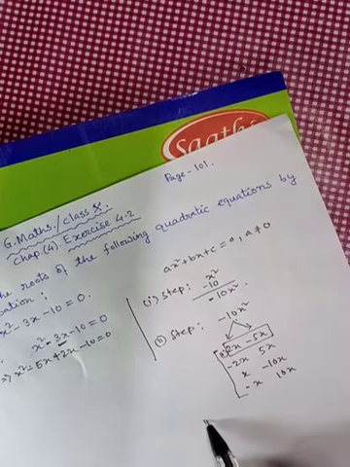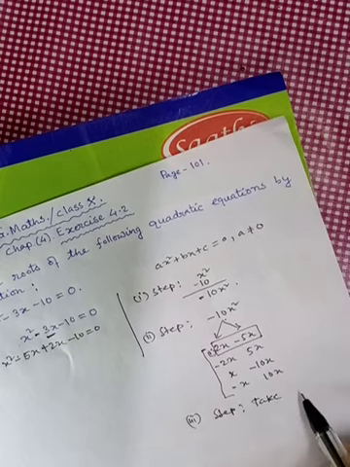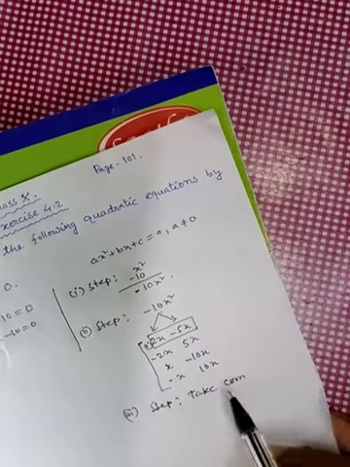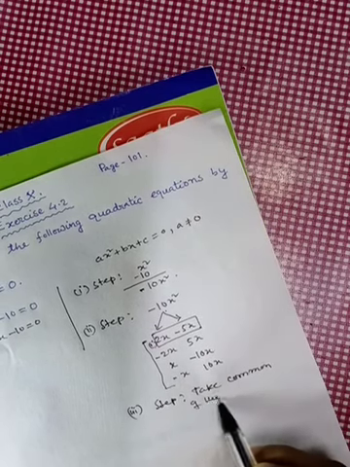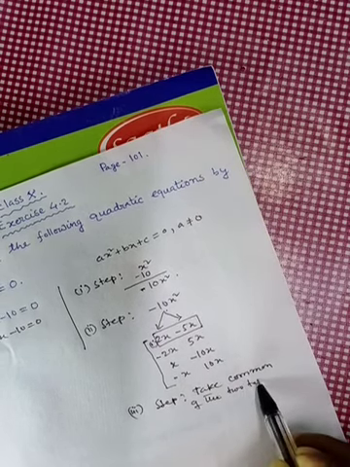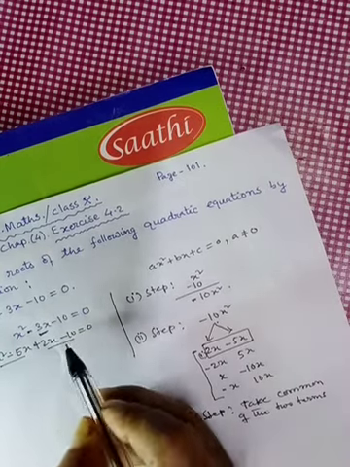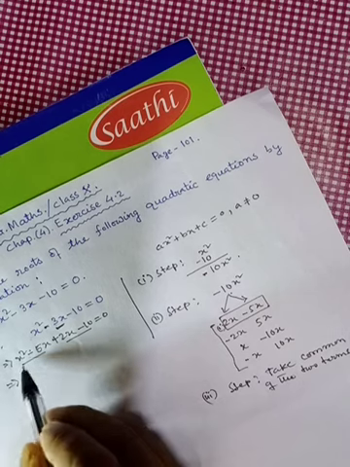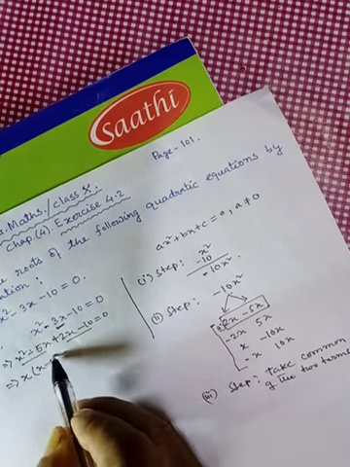So step 3: take common from the two terms. So here x square minus 5x, x is common, x minus 5.